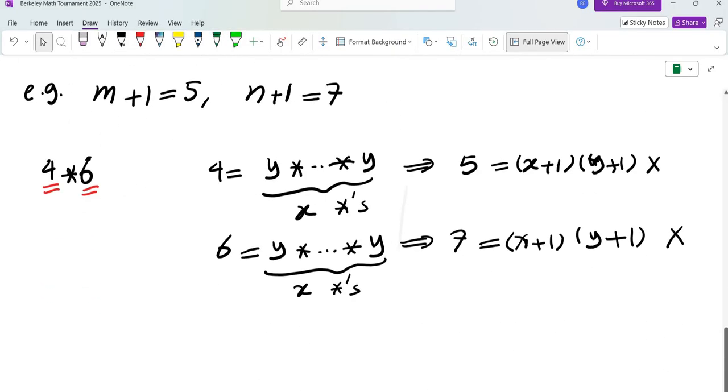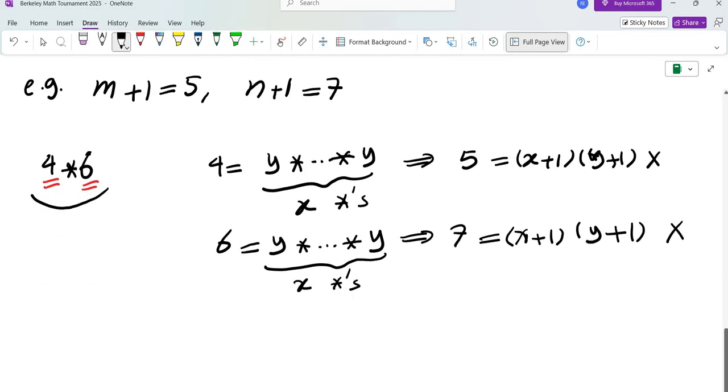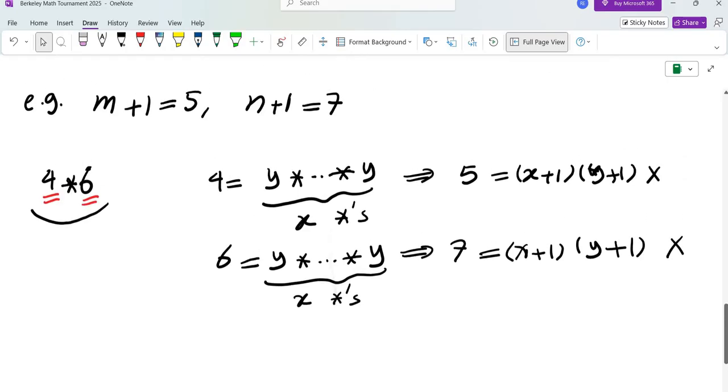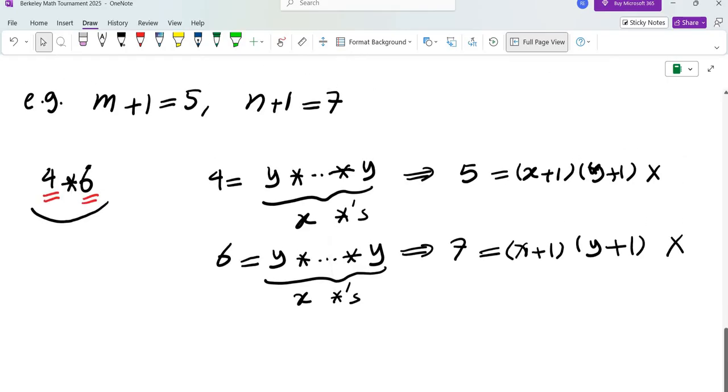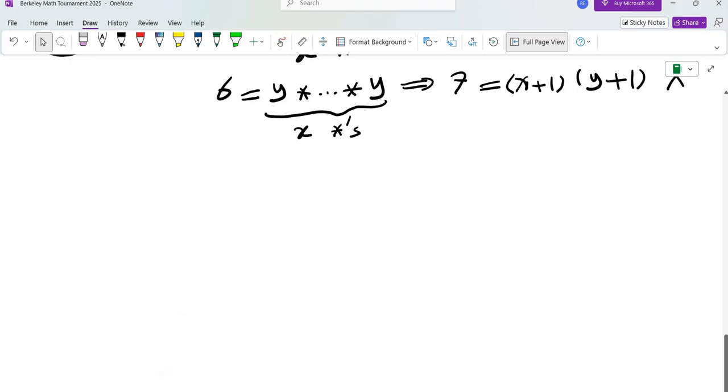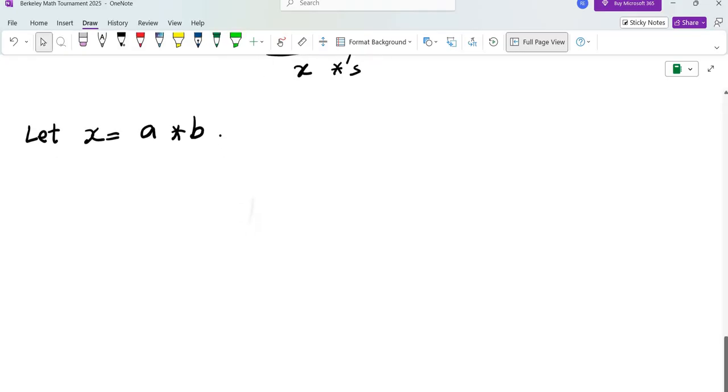In other words, if I want to evaluate 4 star 6, I can't go down, I have to go up. So I'll start from 4 star 6 and star it with more 6s, and that ended up giving me the solution. So suppose we want to evaluate a star b. Let x be a star b.